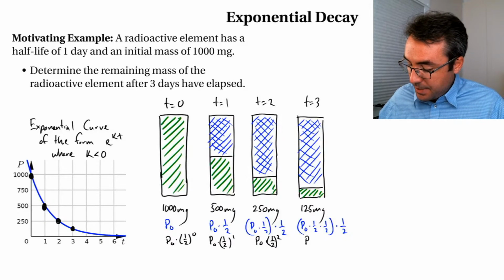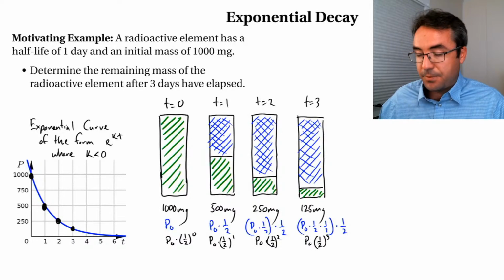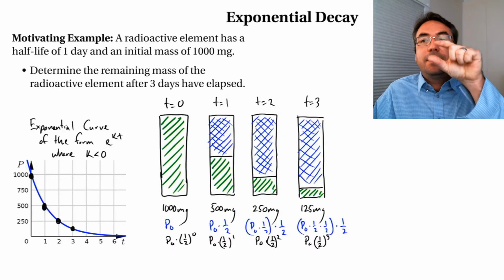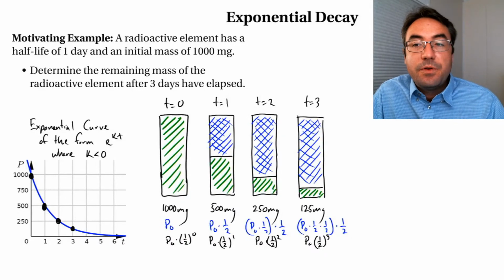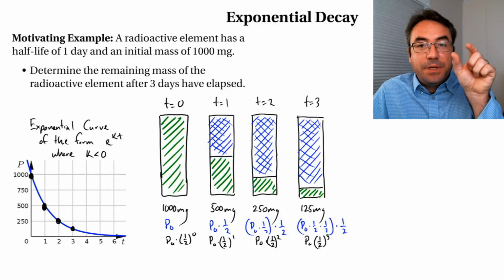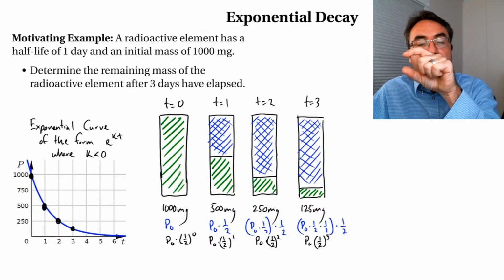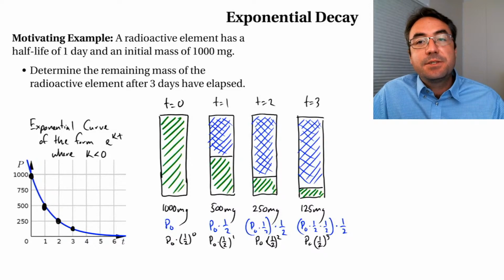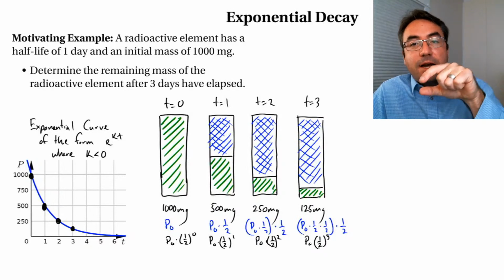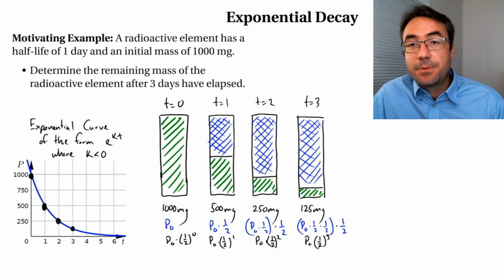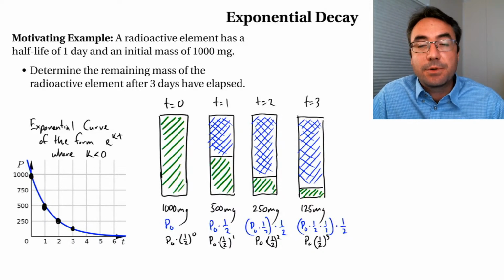And on day 3, it would be p0 times 1/2 raised to the power 3. So each time a half-life goes by, we've multiplied the previous quantity by 1/2. And so we see that the base is 1/2, and the exponent is what's changing. That's why our data points fit along this exponential curve, because we really have an exponential function that we're talking about.